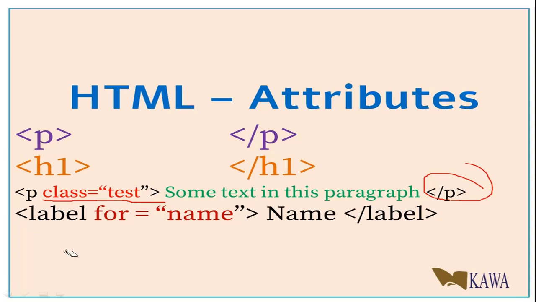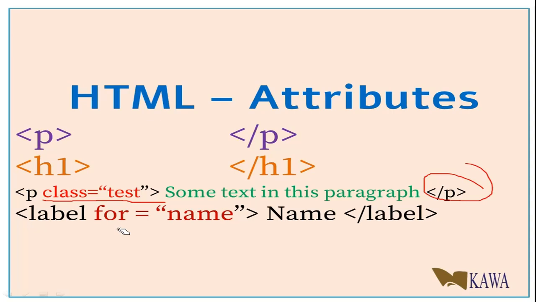The for attribute is normally used only for label. Some attributes are used almost everywhere, like class, but for is particularly used for label. That's why I used it in this video, because it may not be applicable in other tags.